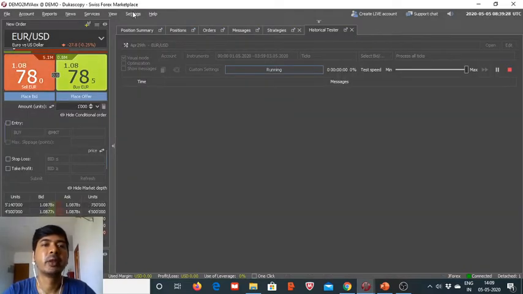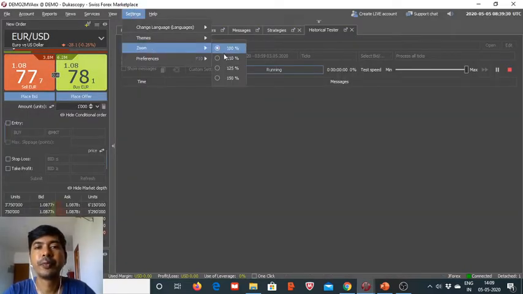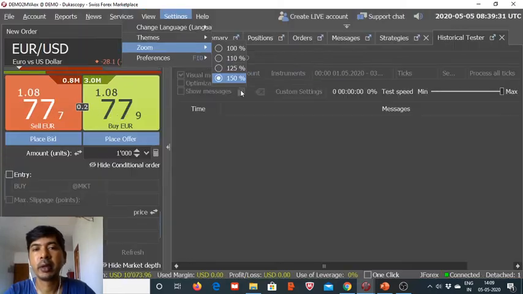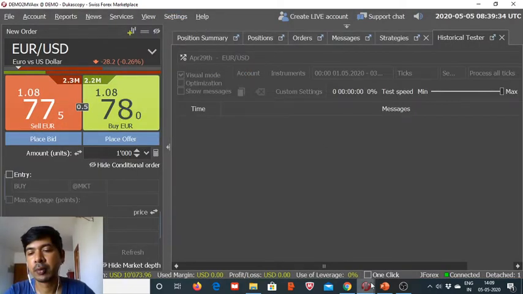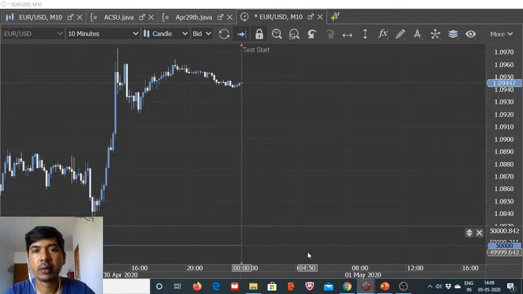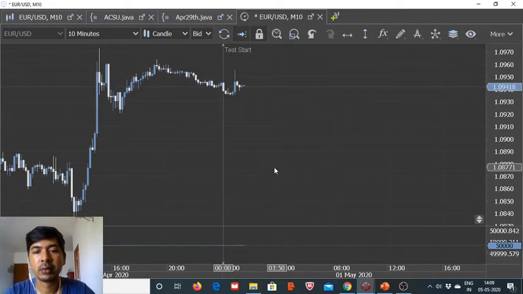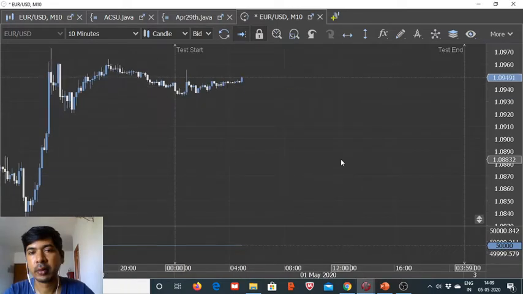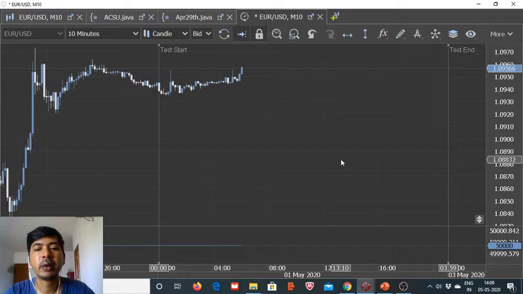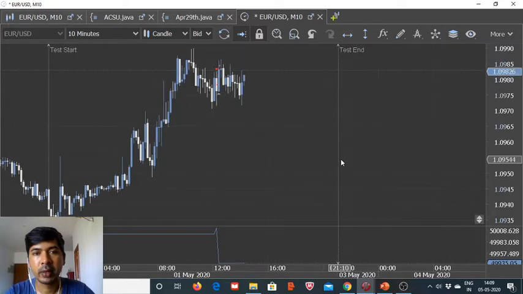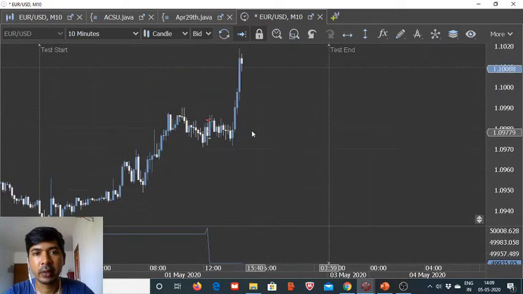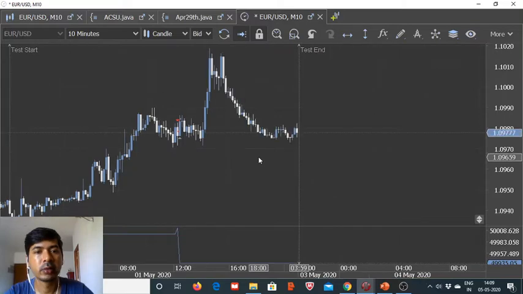Let me increase the zoom to make it a bit more clear. This is the testing time, and here, as you can see, one trade would have been executed and it is going to end in a loss.